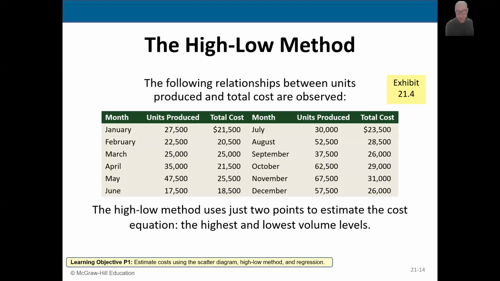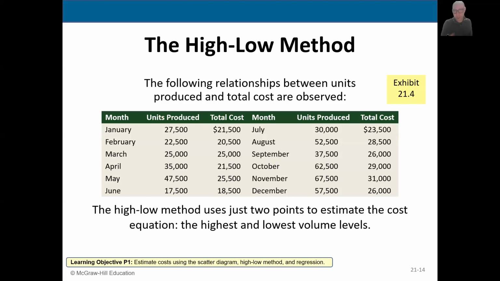It looks like June. So 17,500 in June looks like the lowest, based off of the 12 months. So we have November for the high, June for the low.